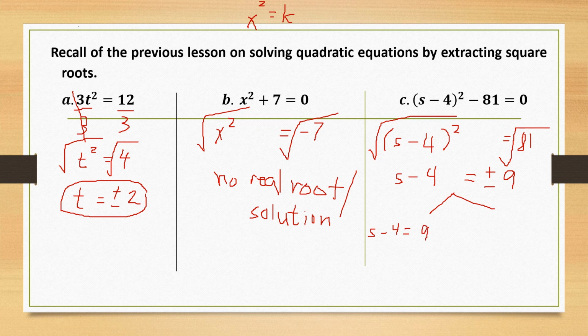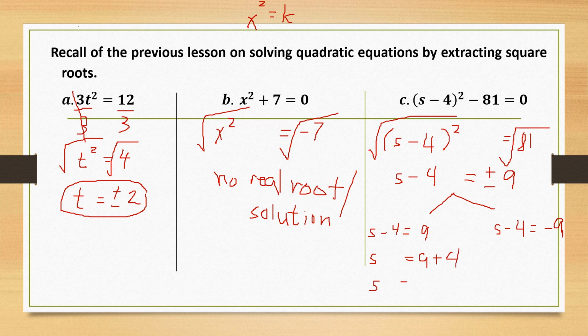For the second solution, we have s minus 4 is equal to negative 9. Let us now solve for the values of s. S is equal to 9, transpose negative 4 to the right side of the equation. So we have 9 plus 4.